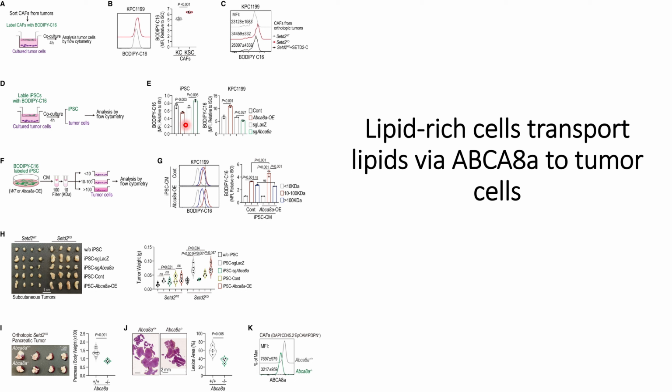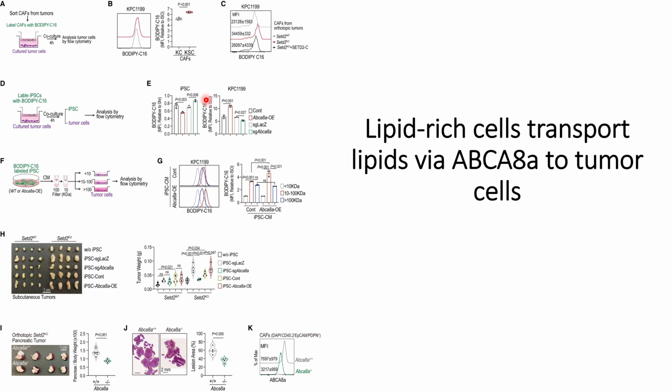It can be seen from column 2, where the signal goes down for the BODIPY C16 in the iPSC and is transported to the KPC1199, and this occurs when ABCA8a is overexpressed. And when they did the reverse, that is when they knocked down ABCA8a, they did not see an increase in the BODIPY C16 signals.